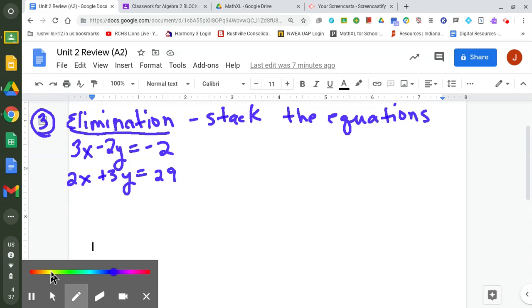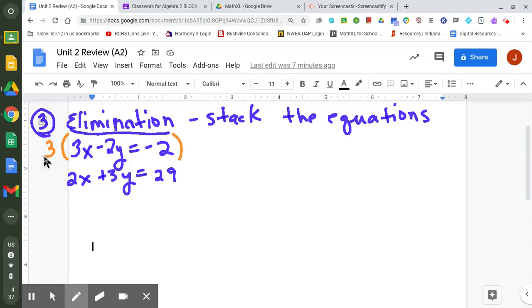So I can get that to happen if I multiply this top equation by a positive 3 and multiply the bottom equation by a positive 2.